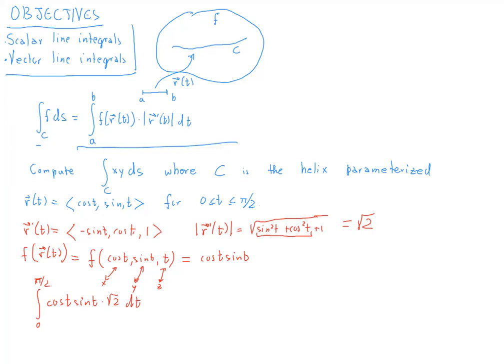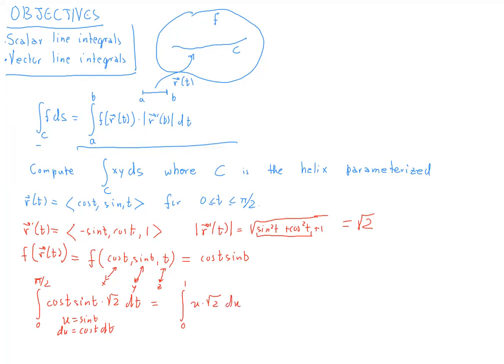And here we will do a change of variable substitution. So u is equal to sine t. du is equal to cosine t dt. And this will give us the integral from 0 to 1 of u times square root of 2 du.